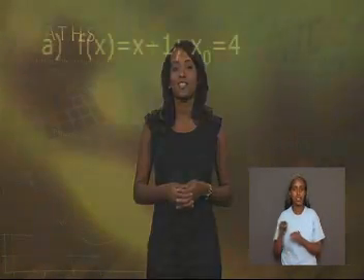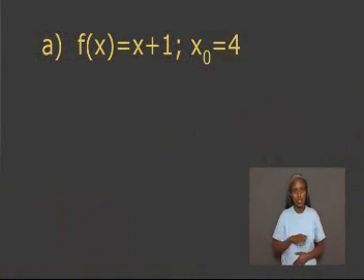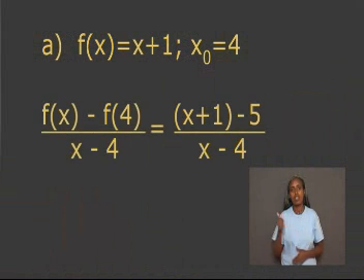Welcome back, students. We will find the quotient difference for A. (f of x minus f of 4) over (x minus 4) equals (x plus 1 minus 5) over (x minus 4).